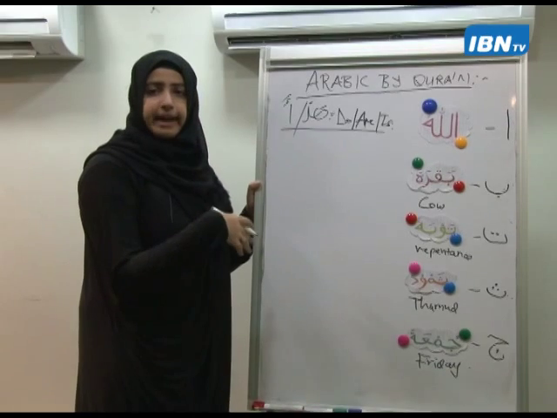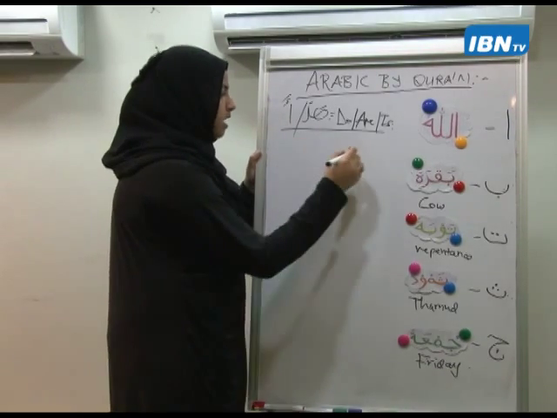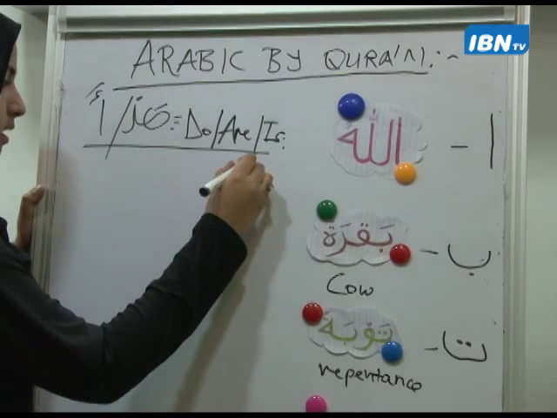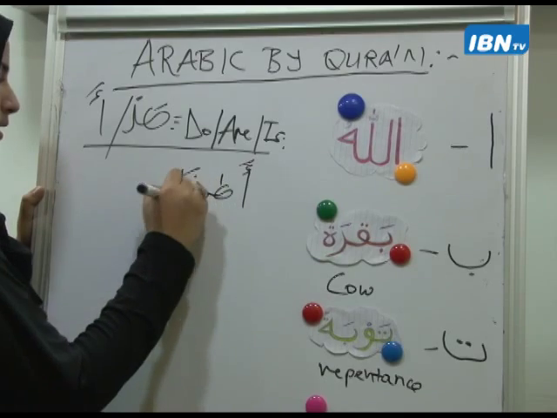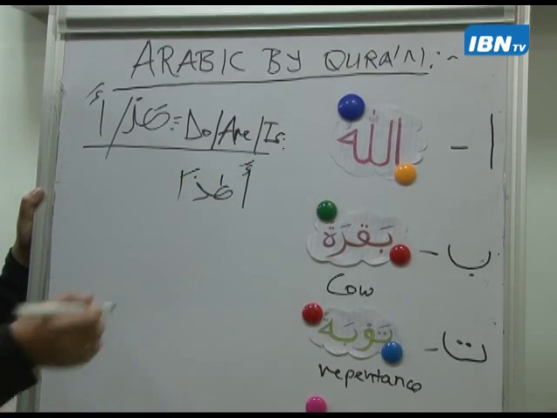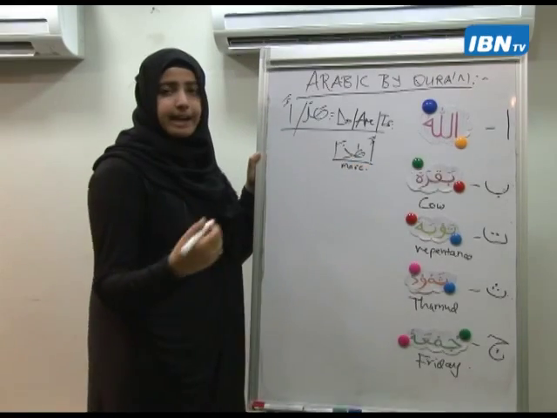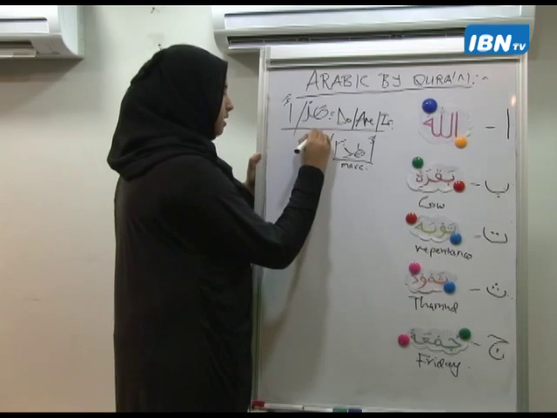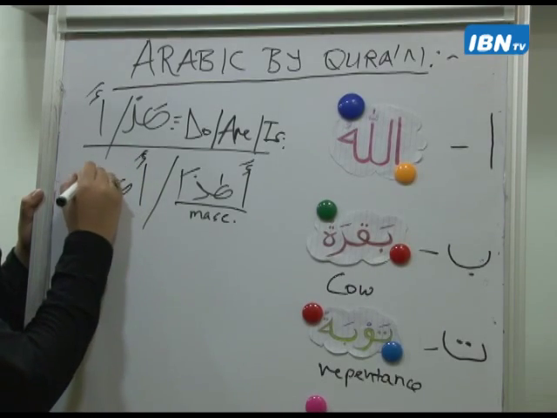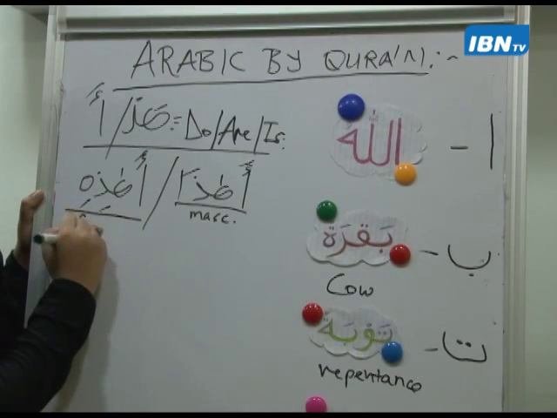If I want to ask something about a masculine noun, I will say a hadha, right? This is for masculine. If I want to ask you something about a feminine noun, I will say a hadhihi, right? For feminine.